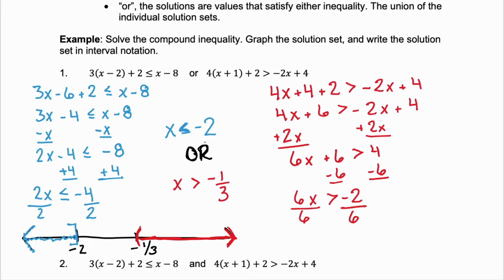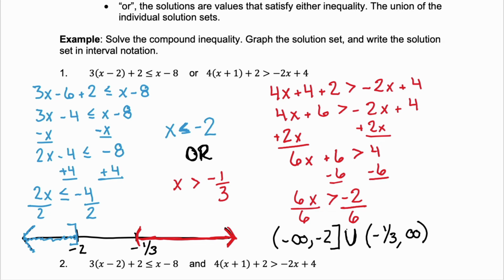So where do you have blue or red? Well, on the left, you have blue from -infinity to -2 with a bracket, and the red is from -1/3 through +infinity. And we put our or symbol, which is the union.